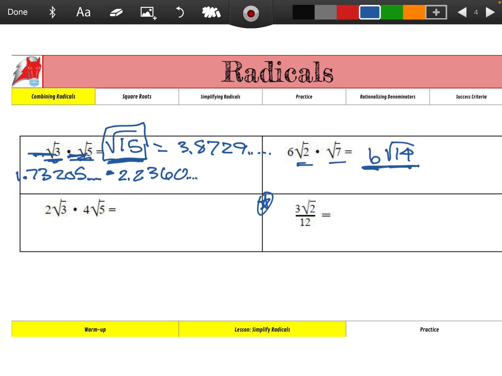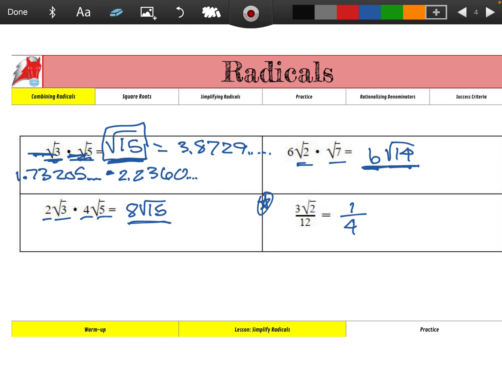Okay, next one, now I have 2 sets of them. I have the values here, so that'll be 8. 3 and 5 will be root 15, and again, I leave it as such. How do I deal with the fraction? Well, if I just got rid of this and just had 3 over 12, how would I deal with that? I could simplify. I'd get 1 over 4.